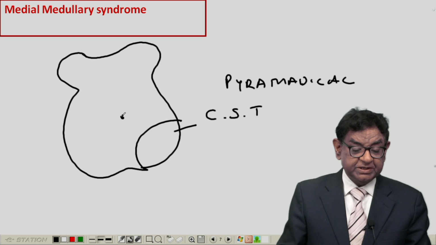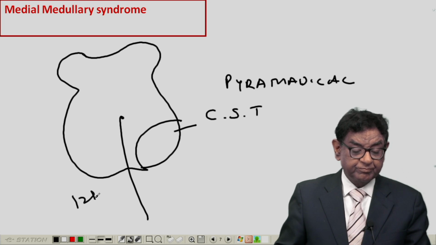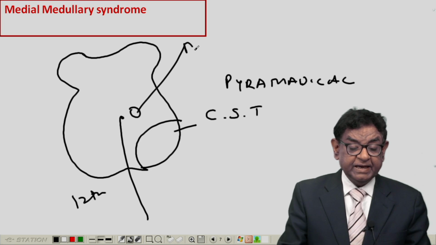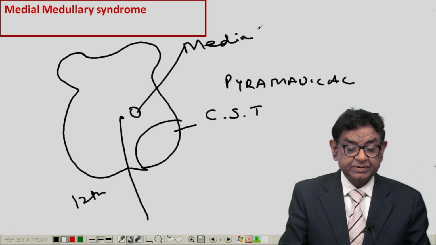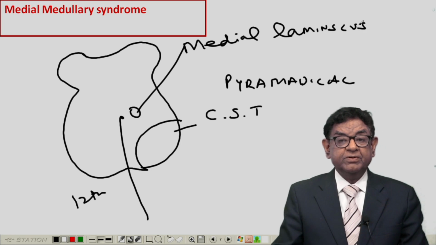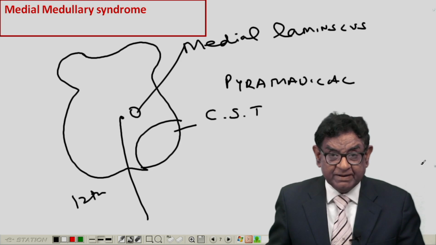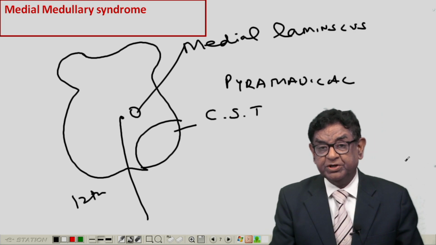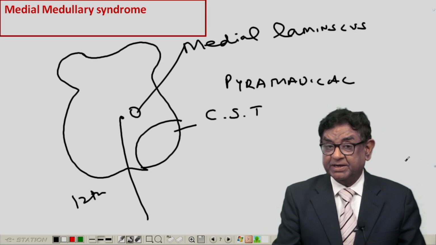Here is the 12th nerve, and here is the medial lemniscus. A couple of minutes back we talked about the spinal lemniscus, which contains pain, touch, temperature from the contralateral body, which in fact is the continuation of the spinothalamic tract.